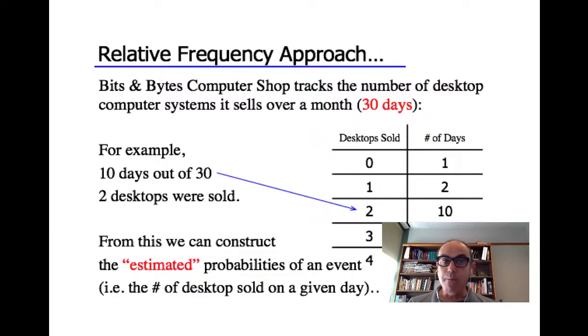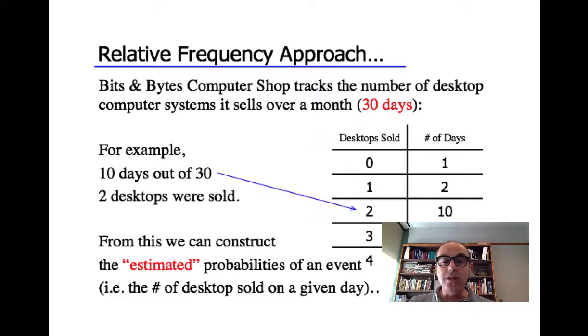The relative frequency approach is a little bit different. And the idea here, I'll give you an example: a computer shop tracks the number of desktop computer systems it sells over a month. In this example, on 10 days, it sold 2 desktops.